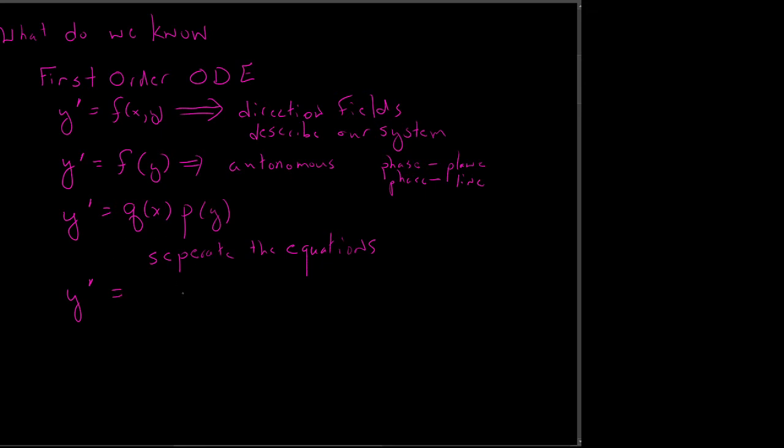Or if it's not separable, maybe it's linear. And if it's linear, we could use either the variation of parameters, var params, or the integrating factor, right? Both giving us the same solutions.